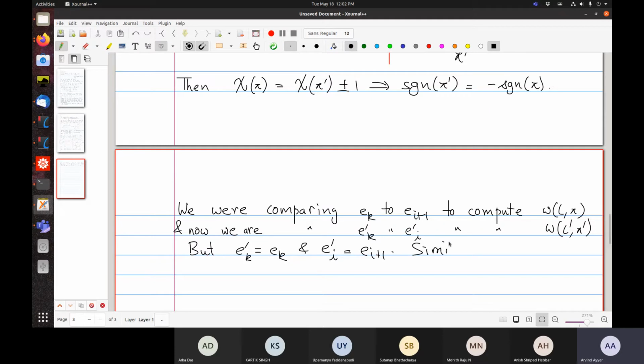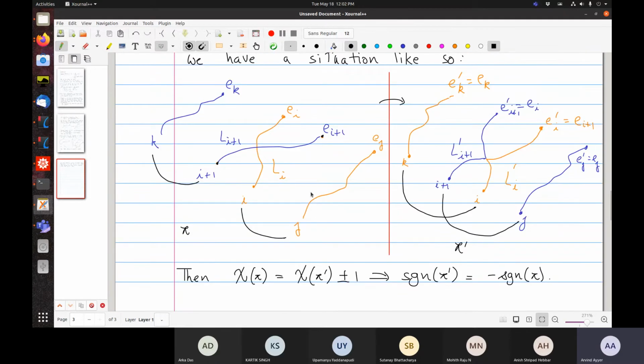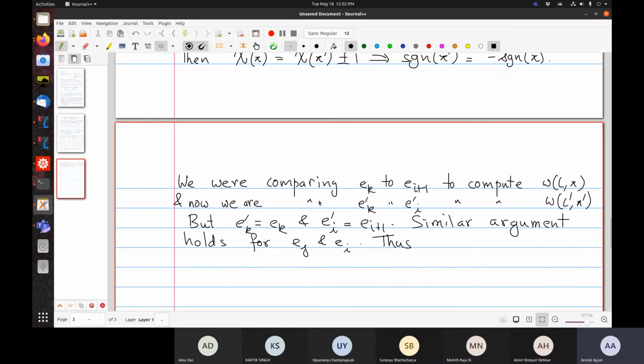Similar argument holds for ej and ei. Thus, all others are unchanged. No other matching is changed. No other lattice path is changed. So the contribution of the inversion for any other guy is the same.